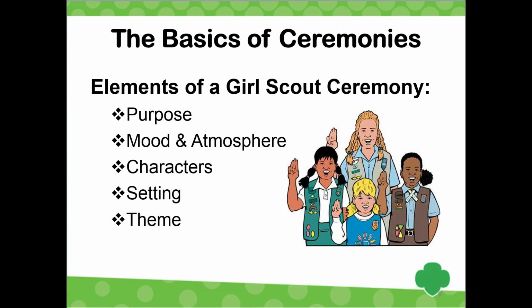Ceremonies can commemorate accomplishments or add something special to the beginning or end of a group's meeting. Girls can plan ceremonies around a theme, such as friendship or nature, and express themselves in words or song. Whatever the purpose, every Girl Scout ceremony helps girls share in the Girl Scout history and traditions, and creates their own special memories.